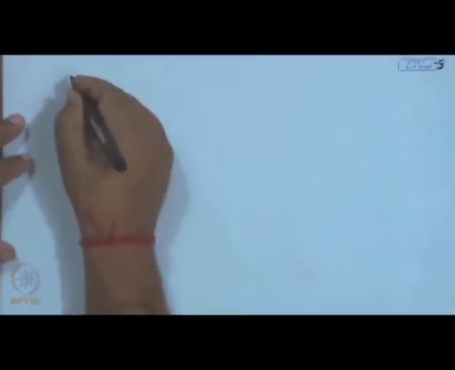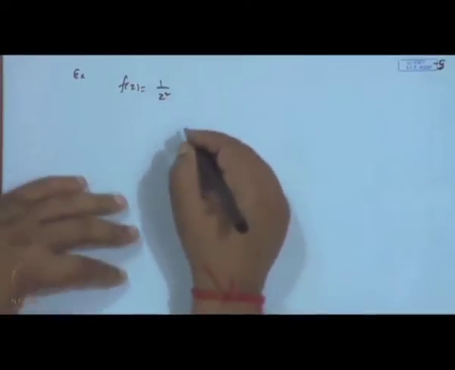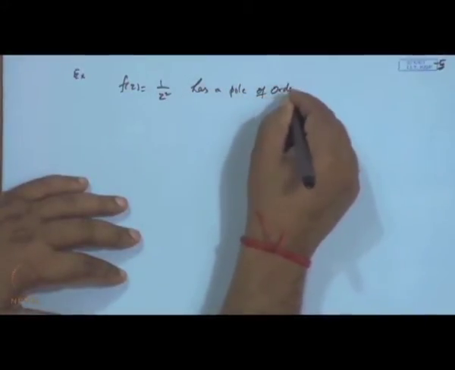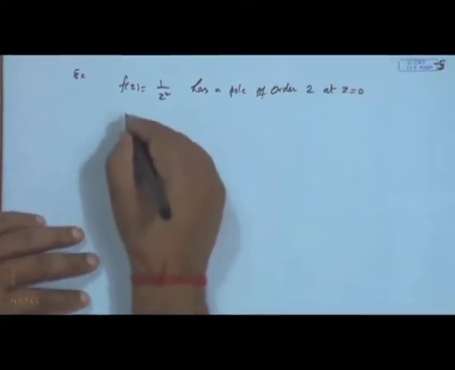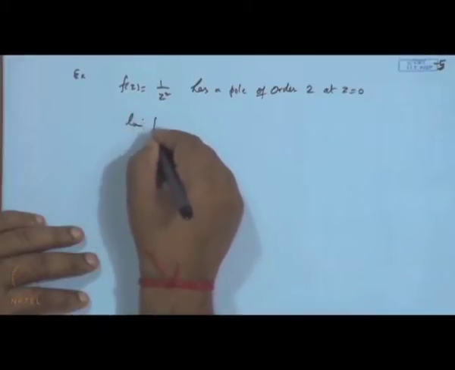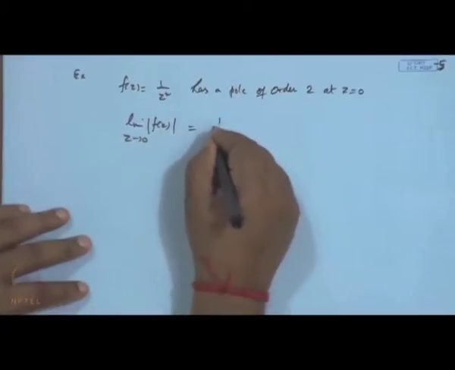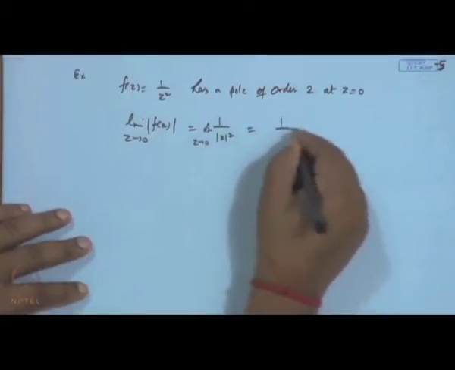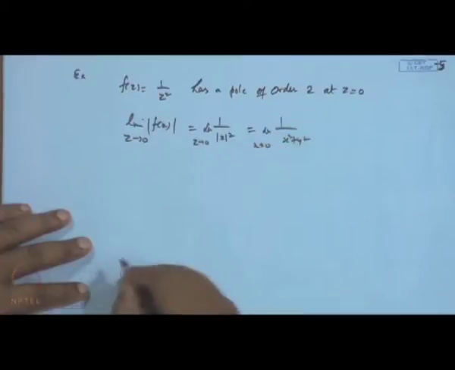For example, if we look at the function f z, which is 1 by z square, it has a pole of order 2 at the point z equal to 0. Now, when you find the limit of mod f z when z tends to 0, this is 1 by modulus of z square, which is nothing but 1 by x square plus y square as x tends to 0.